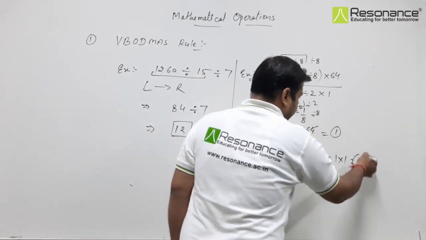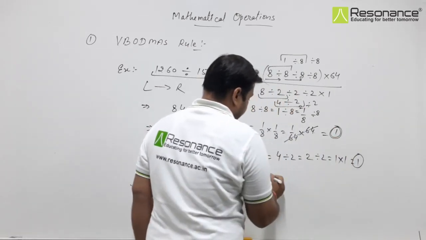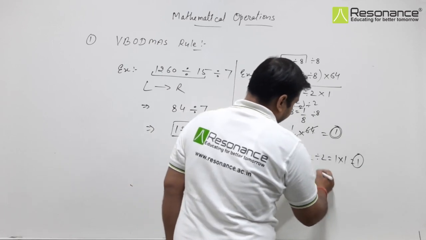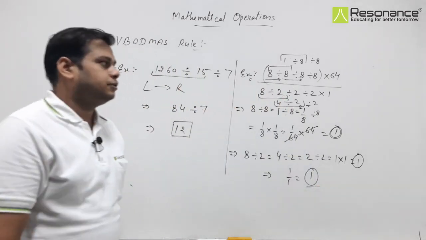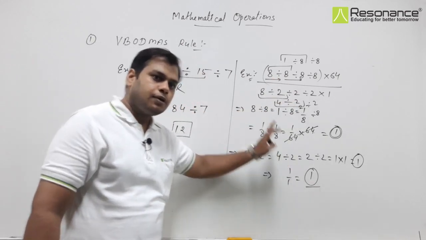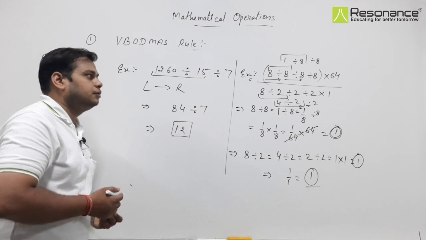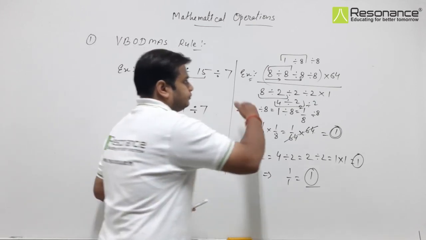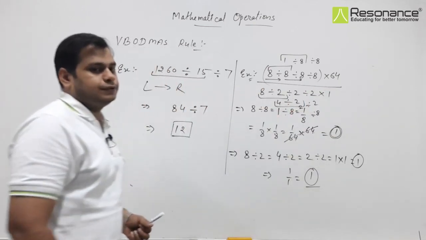So denominator is also 1, numerator is also 1. So 1 upon 1 can be written as 1. So the answer of this equation is 1. So this is how we have to solve. When we have division in sequence, we have to solve from left to right, always remember this.